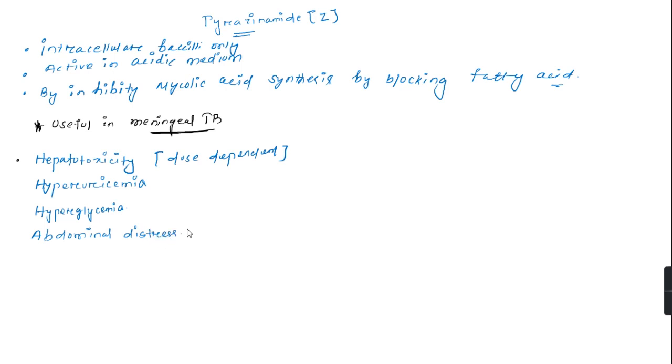Then the next important drug is ethambutol, shortly we call it E. Ethambutol is one of the important drugs and it is tuberculostatic, not bactericidal.